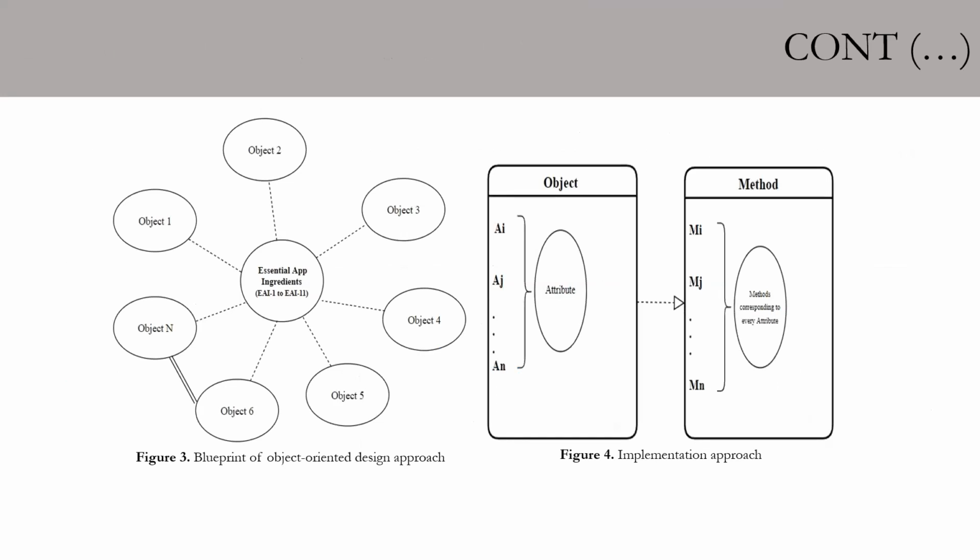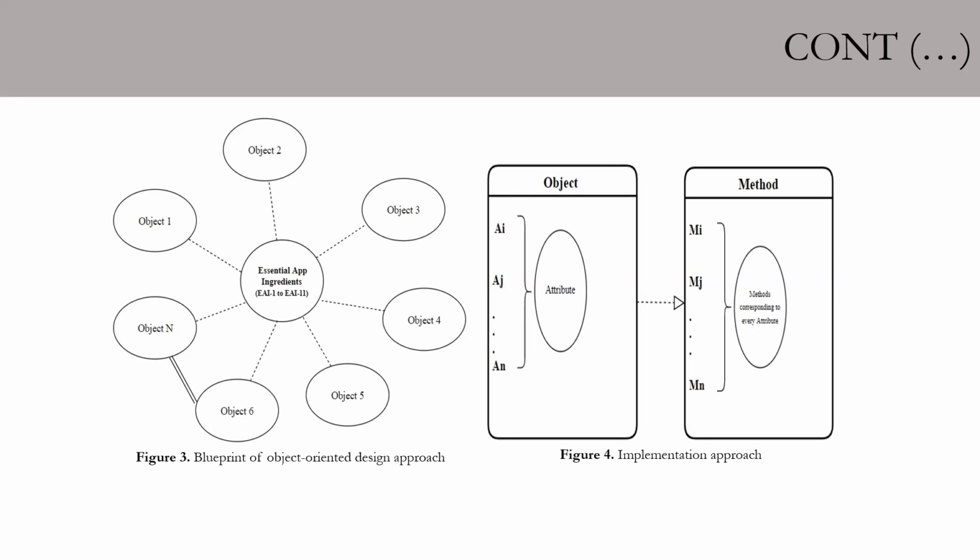In the center, on the left-hand side, are the essential app ingredients 1 to 11. We have taken 11 essential app ingredients, and corresponding to each ingredient we have one object, so there is a one-to-one mapping between the essential app ingredients and objects.